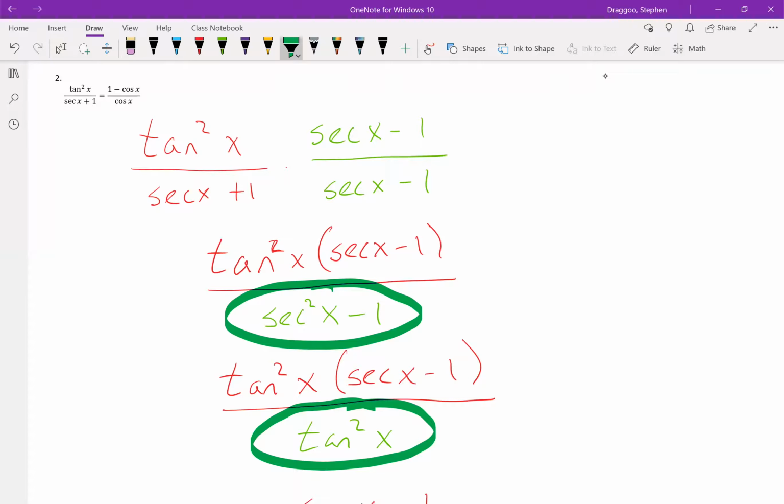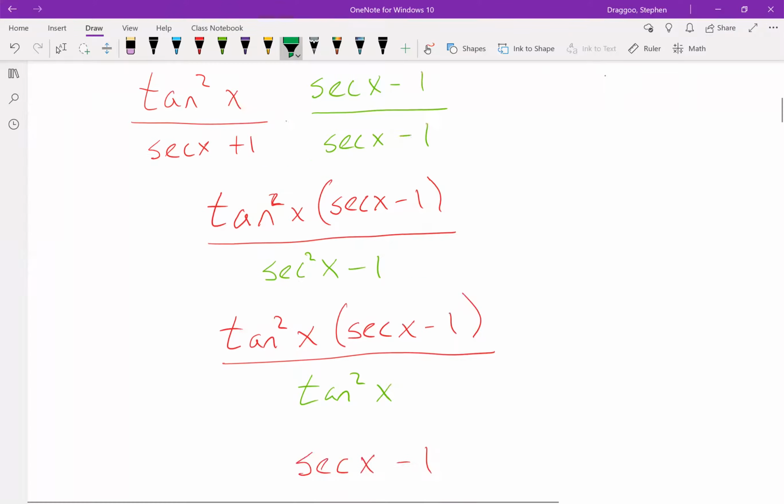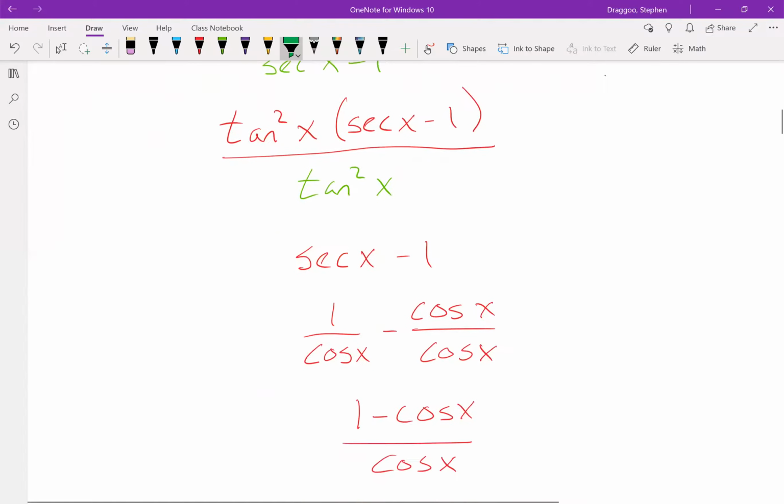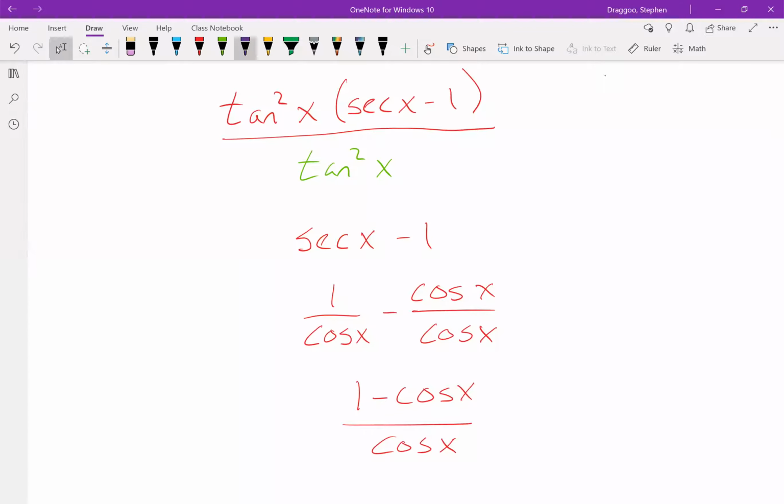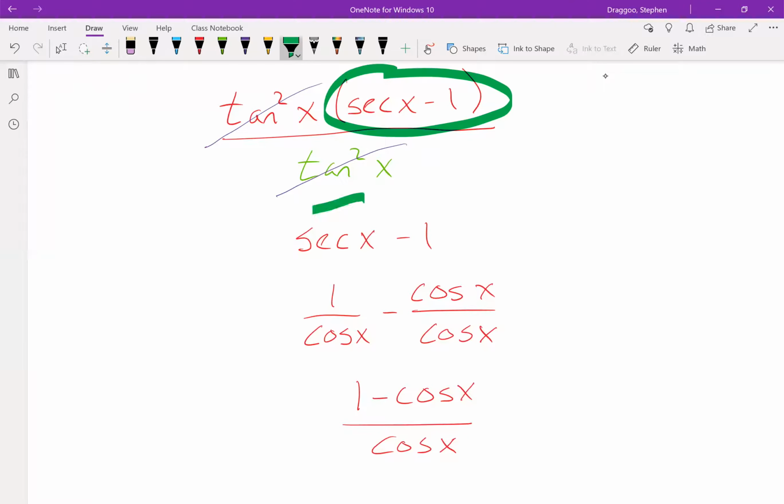I'll work on simplifying that later. In this step, I've got tangent squared in both top and bottom. So those two should reduce, leaving me with just secant minus 1 to be the only piece that survives.